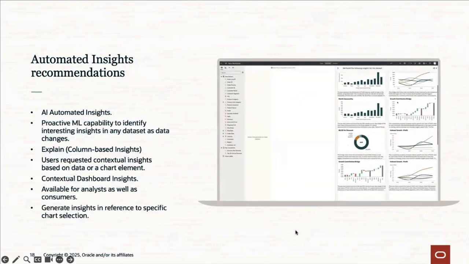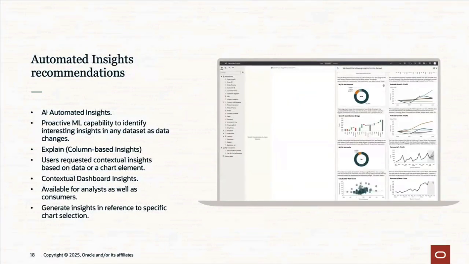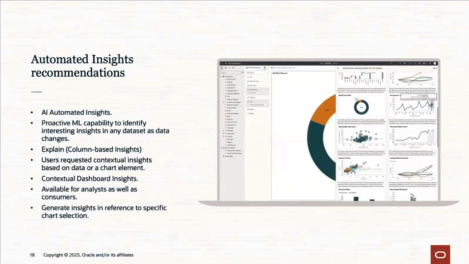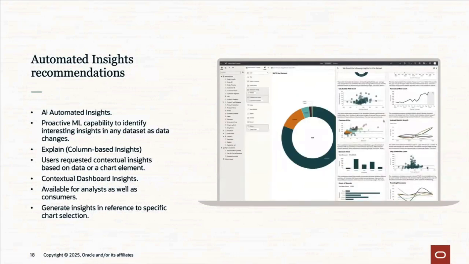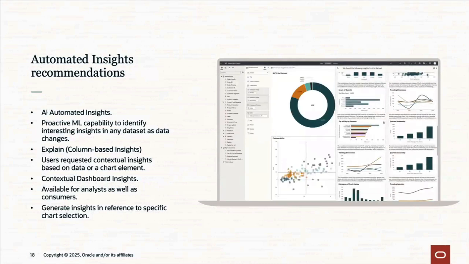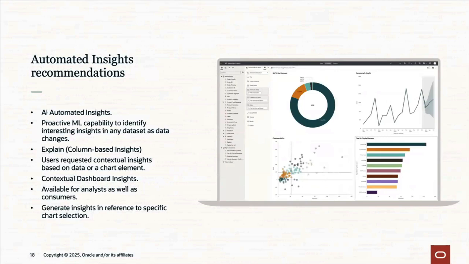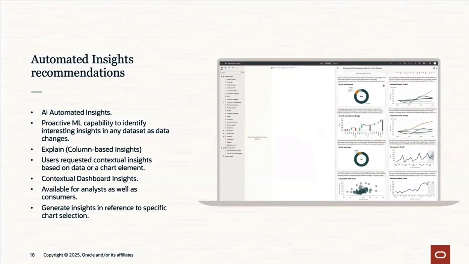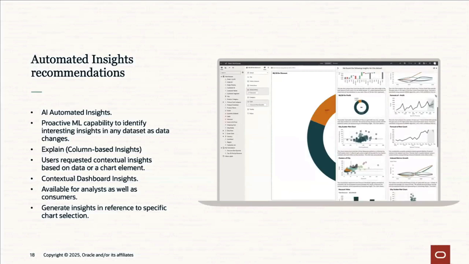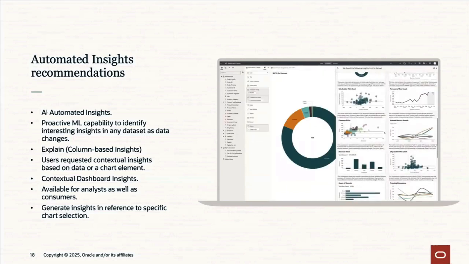To build on Explain, you have something called Automated Insights. Automated Insights is the multi-dimensional version of Explain, where you click on Automated Insights and it queries through your entire dataset. It's going to find dozens of things that it wants to explain, and usually it'll have visualizations to back up the points that it's making.